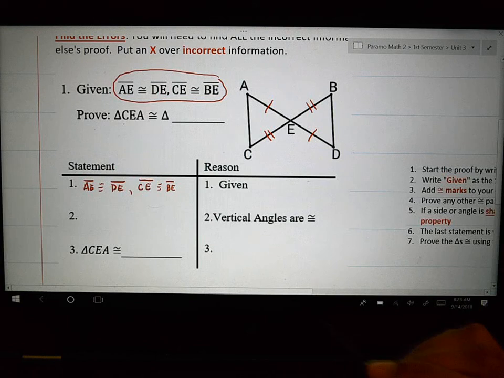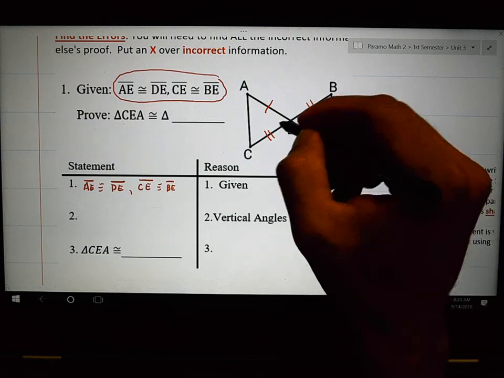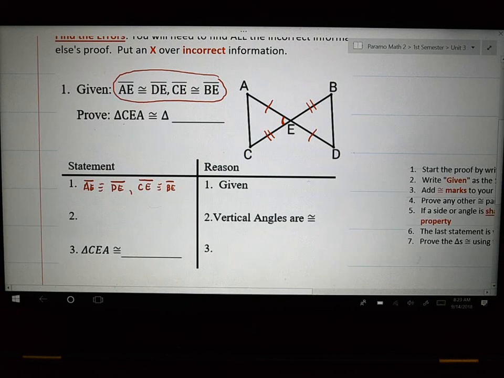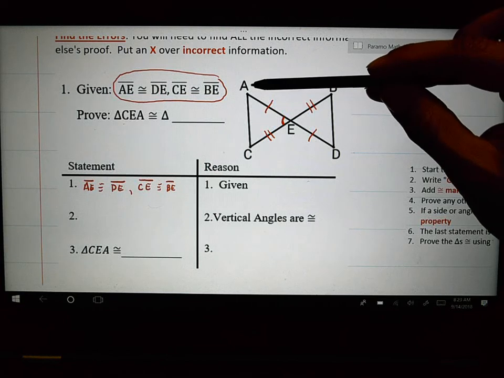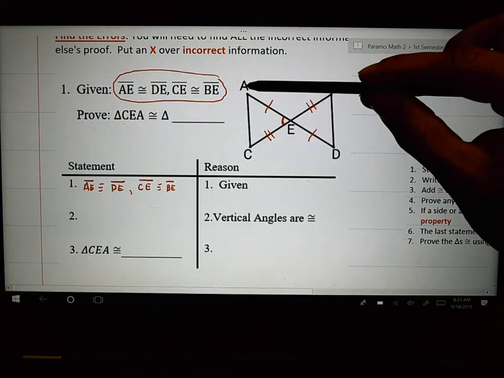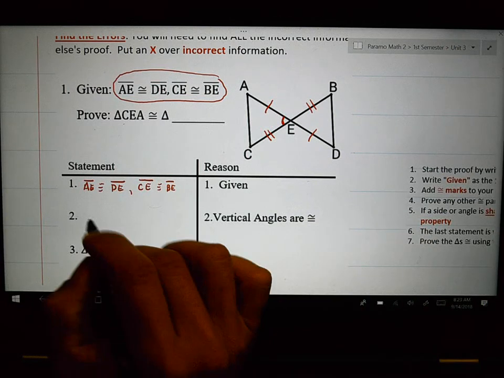The hard part for some of you will be, how do I write this angle? What you do not want to use is the letter E by itself. You need 3 letters, and the letters have to go from the side to the vertex to the side. Angle AEC. I'm going to write that down over here.